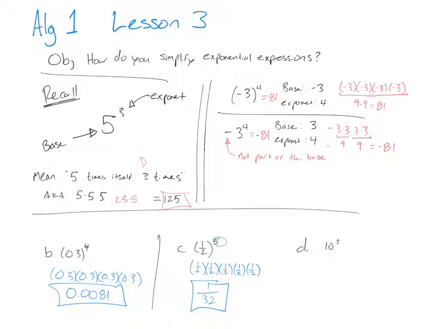And then this last one is 10 cubed. Again, the base would be 10, the exponent would be 3, so this would be 10 times 10 times 10. 10 times 10 is 100, times 10 again gives me 1,000.